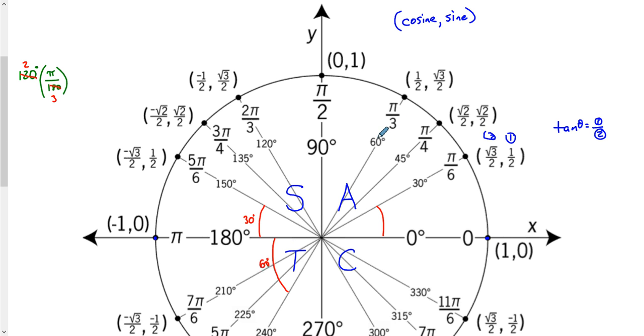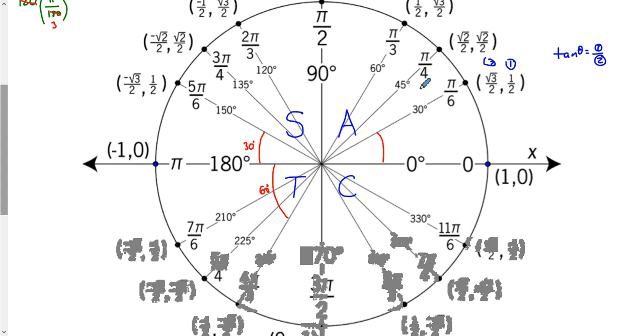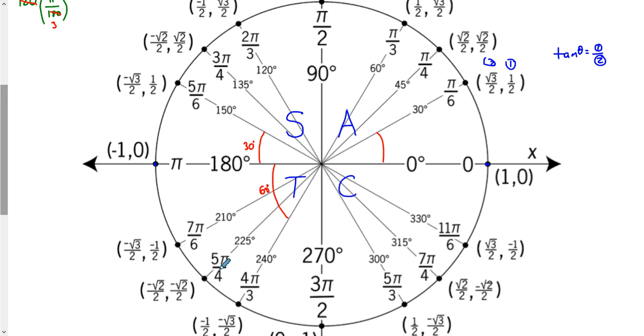So what's our connection between 60 and 120? 120 is twice the size of 60. 135 is 3 times the size of 45. 225 is 5 times the size of 45.